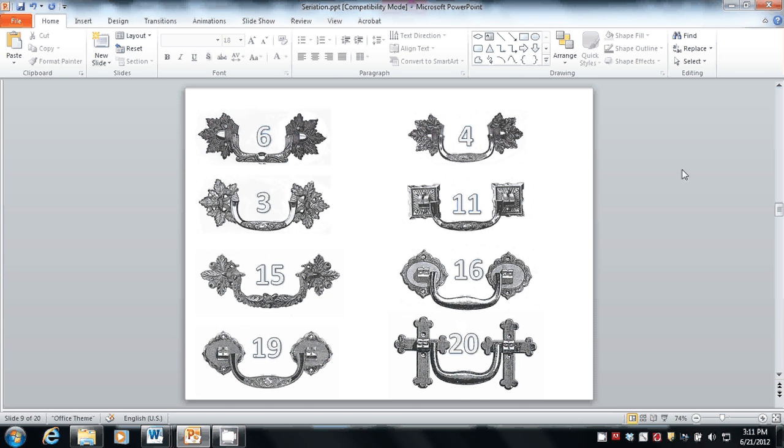Let's move on to an archaeological example. Here we have 8 handles from coffins. These coffins were found in a graveyard, and as sometimes happens with archaeologists, it's necessary to relocate historic graveyards from time to time because, say, a reservoir is being built and the area has been dammed up and the water's rising and the whole graveyard will be flooded.